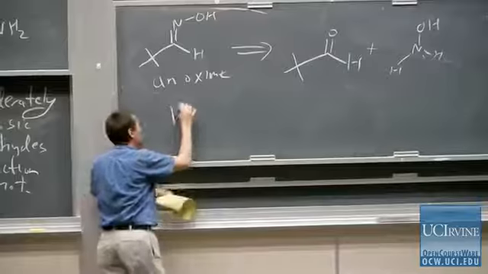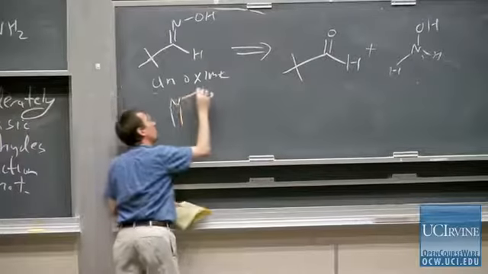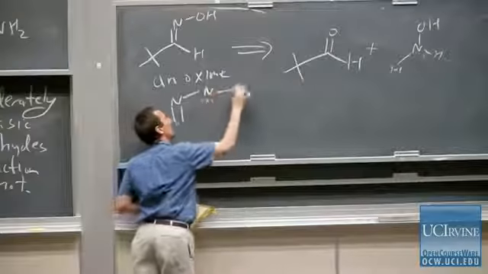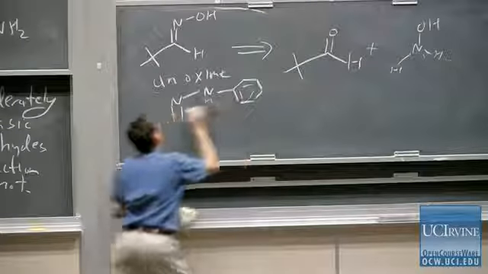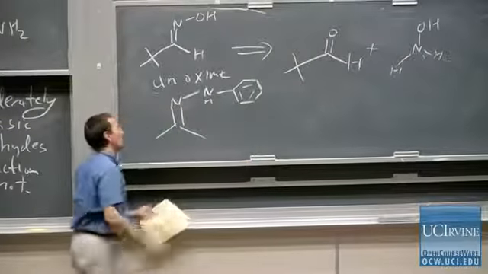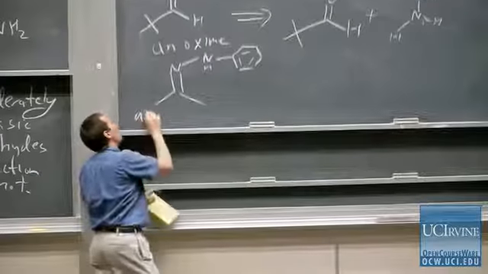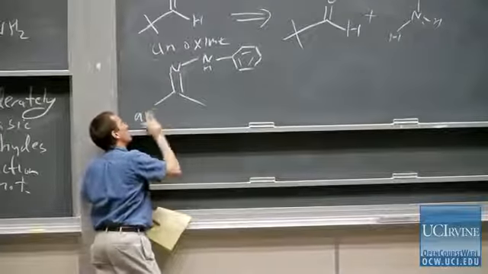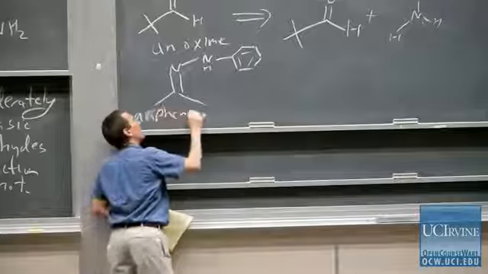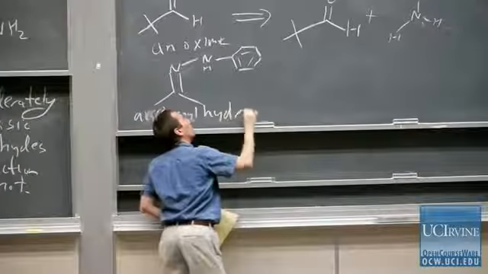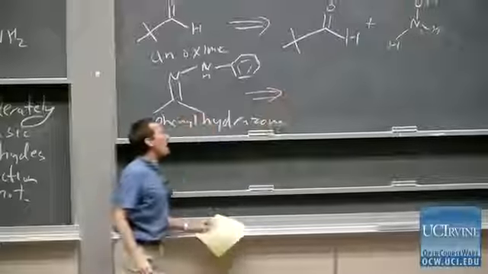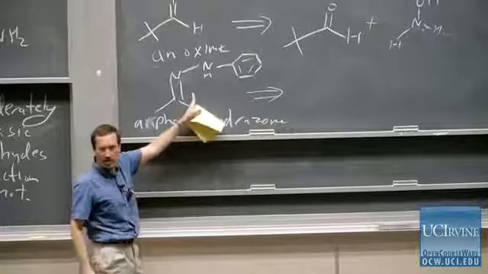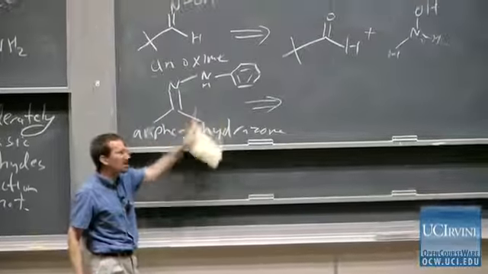But let's take another funny looking species called a phenylhydrazone. It used to be really important to make derivatives of carbonyl compounds because they were one of the ways people characterized them. And if you look at this, you can say, again, I'm clever enough to figure out how to synthesize it.